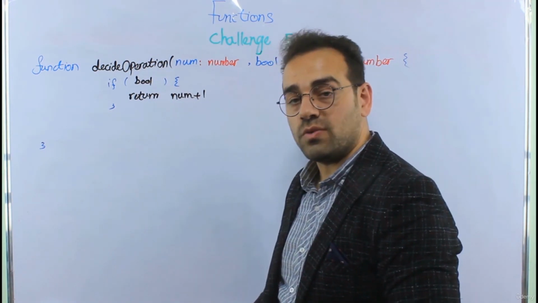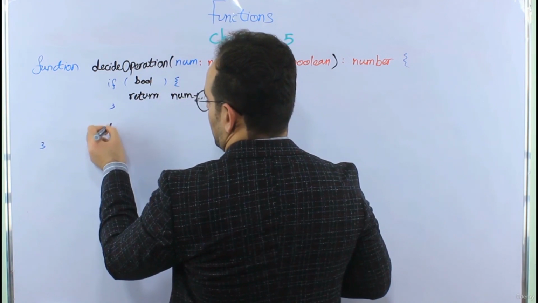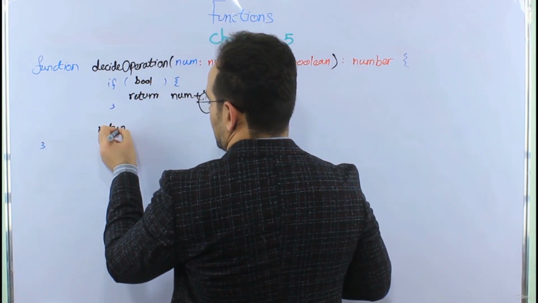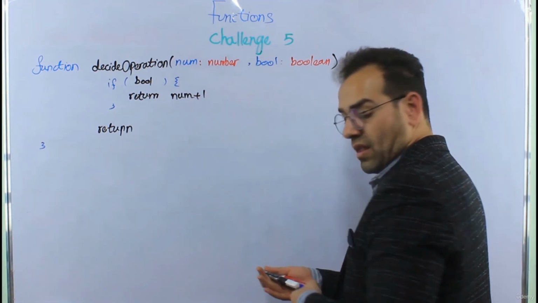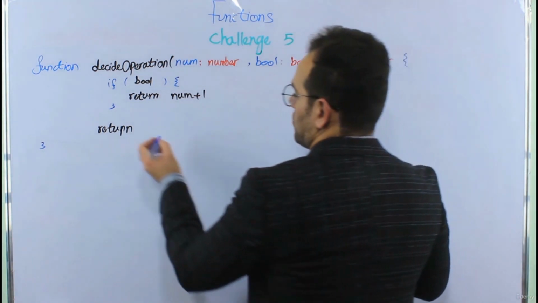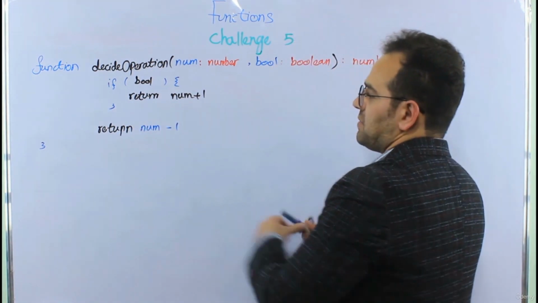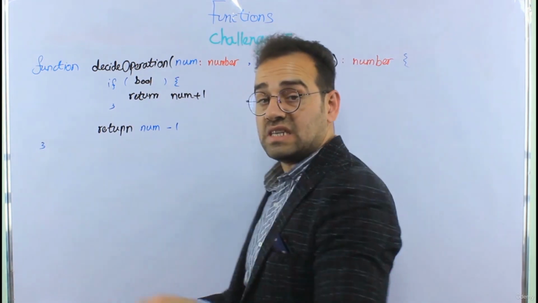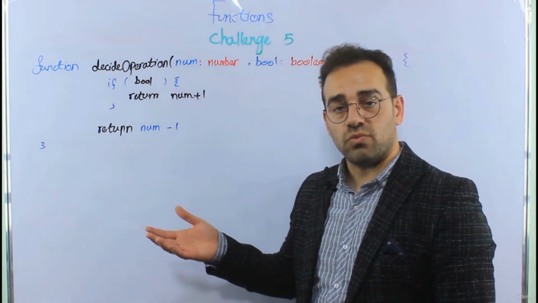And then what do we want to run instead of this if statement? We want to return from the function. It was, if it is true, add 1. So we want to return num minus 1. So it's going to be either this or this. In this specific case, you don't need the else keyword. Why?